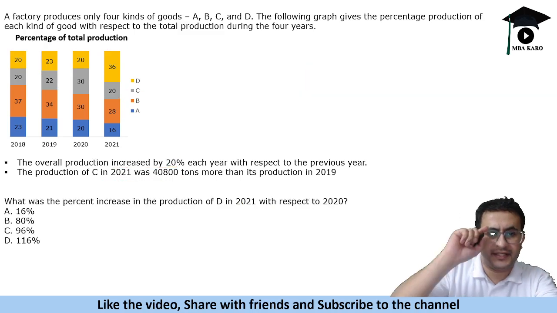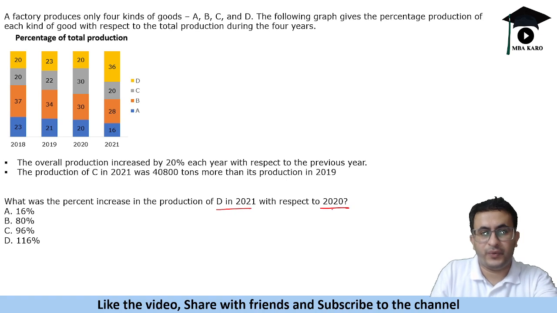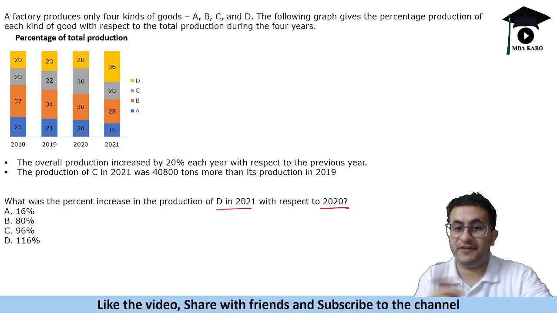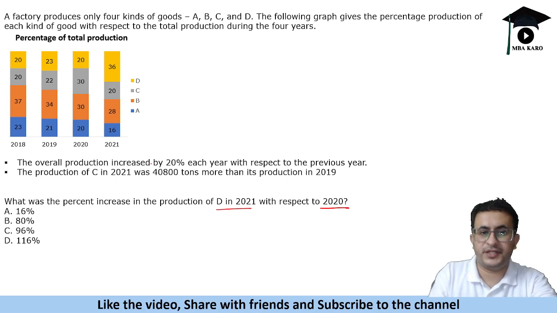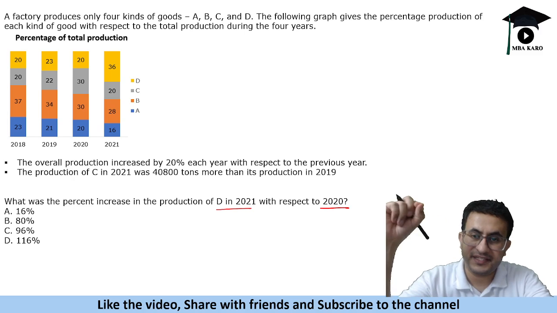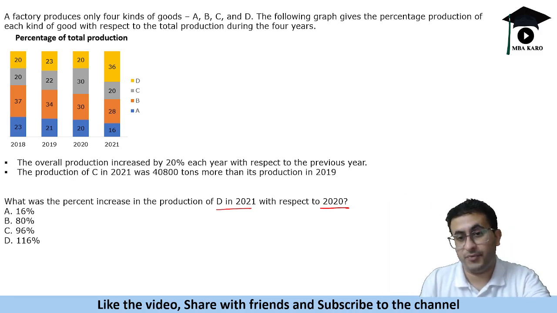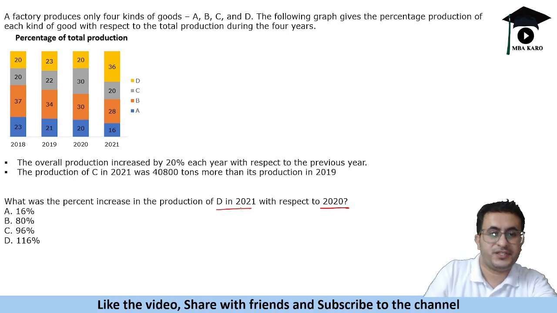What was the percent increase in the production of D in 2021 with respect to 2020? Okay. Now we will not find the actual values of D. We can just use percentages. Remember, if the data is given in the form of percentages and a question is asked in the form of percentages, you can answer it without using the actual values. Let's see how. So for D, we need to find the percentage increase.